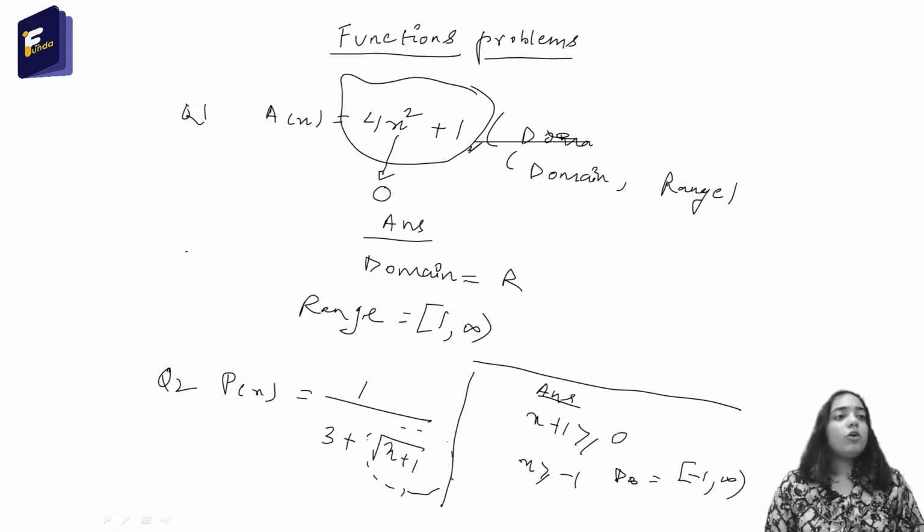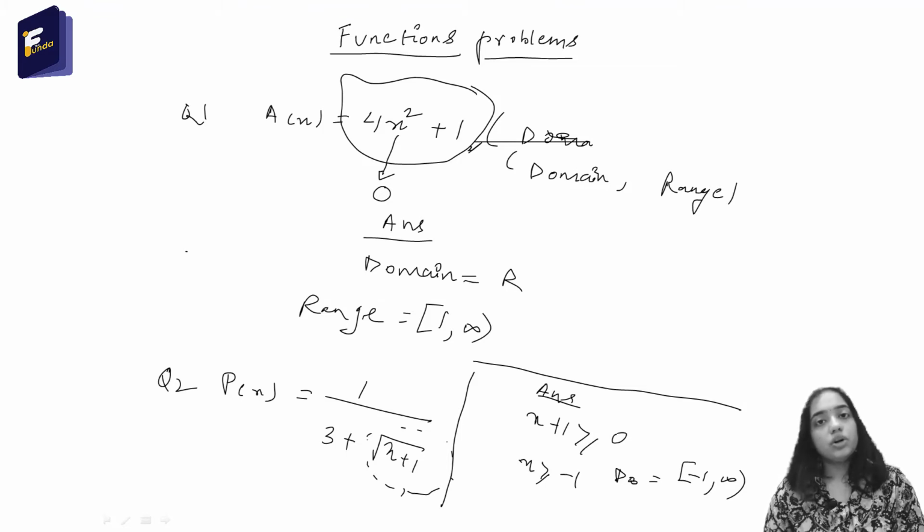Now for the range. The square root of x plus 1, what outputs can it give? If I say square root of 4, square root of 9, we will not take the negative values. If I say square root of 4, you will say the answer is 2, not minus 2.